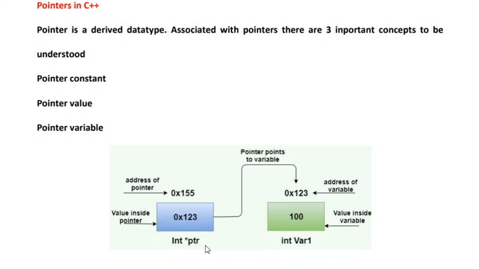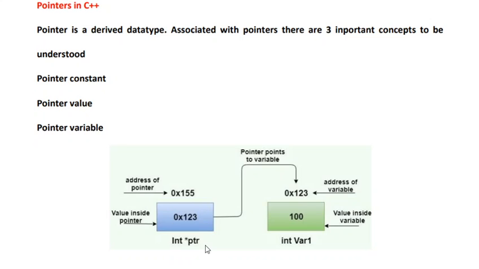Memory allocation for a pointer depends on the type of system or architecture that you're using. So it simply implies ptr is a pointer capable of pointing to a variable of type integer, so it can hold the address of var1.